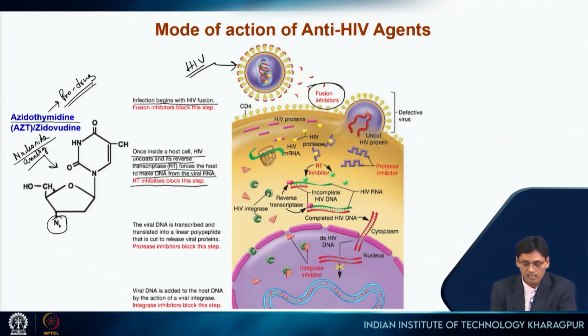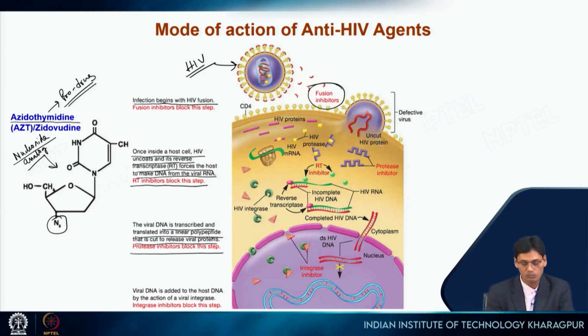Then some protease inhibitors can also be used, because the viral DNA is transcribed and translated into a linear polypeptide, which is cut to release different viral proteins so that the virus particle can be assembled. If we use a protease inhibitor specifically, this viral protein will not be processed, and it can also be used as a drug. All of these are actually being used nowadays.